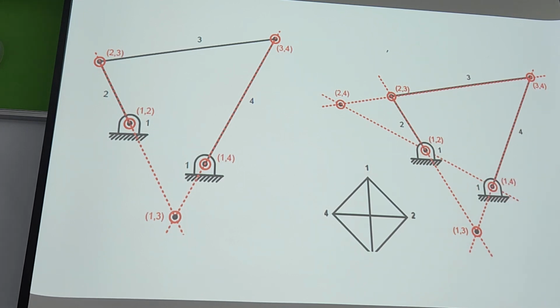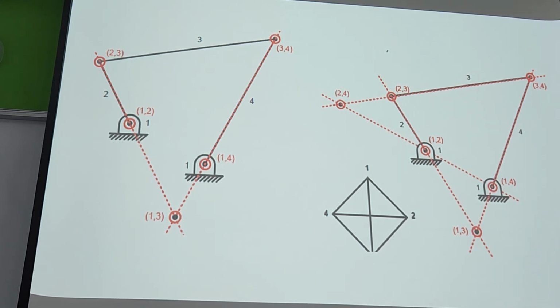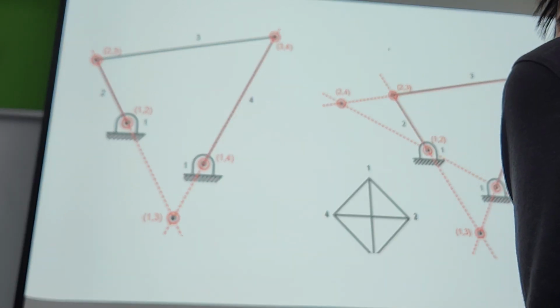So if you know omega 3, then for any point on this link you can find its velocity. From the instantaneous center you measure the distance, then multiply with omega 3. That gives you the velocity of any point on the link.